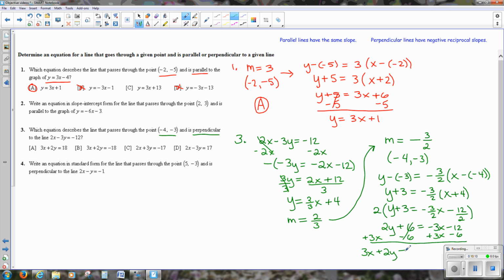Those are canceled out. And we have equals negative 18. So 3x plus 2y equals negative 18. That is our final answer, which means we're going to choose answer B.